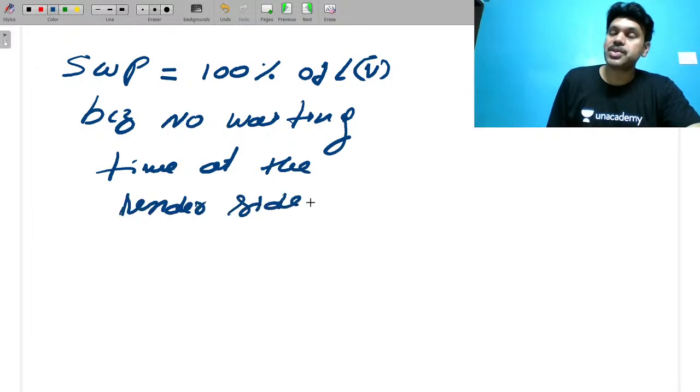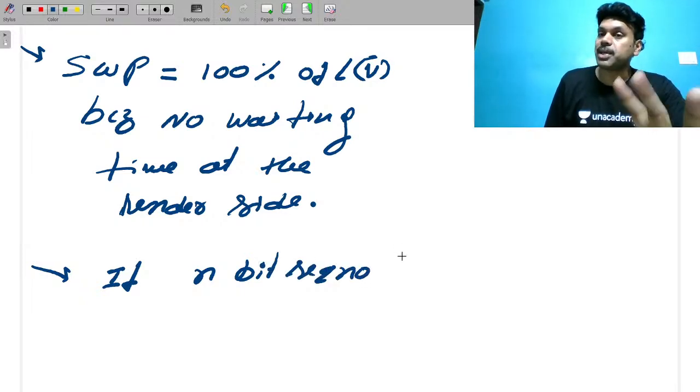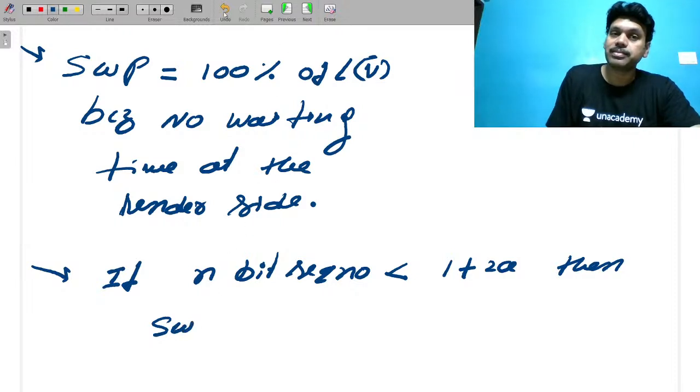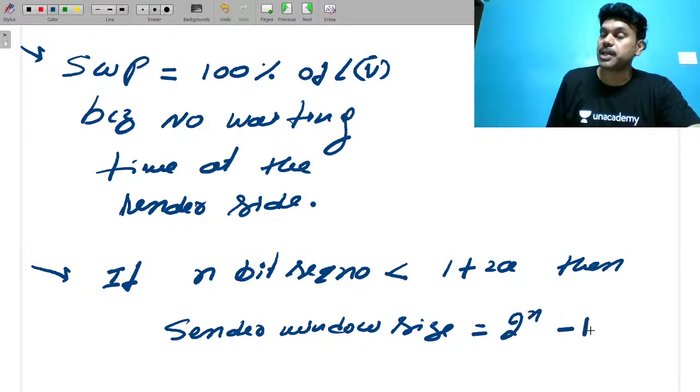But it is not always true because, please observe, if the n-bit sequence number is less than 1 plus 2a, then your sender window size is 2 power n minus 1 only.